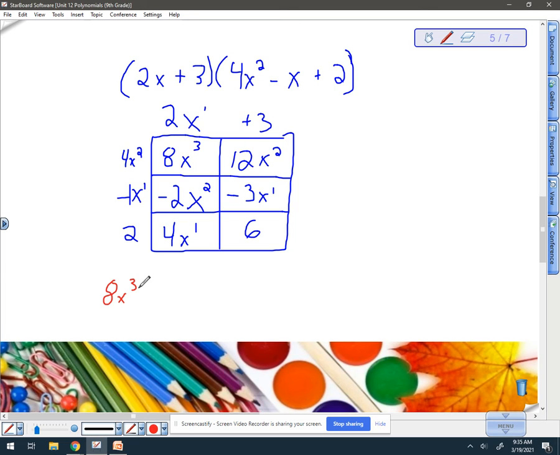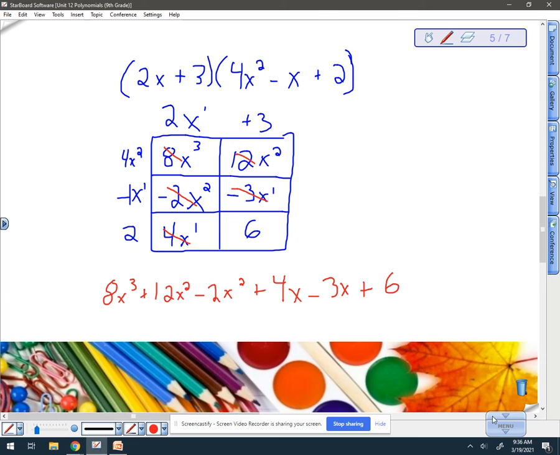Usually you'll put the biggest number first. So we have plus 12x to the second. And we have this one, minus 2x to the second. And then what some people do, when they have so many boxes, they just kind of mark them off as they go. So we've got those 3. Now 4x to the first minus 3x to the first plus 6.